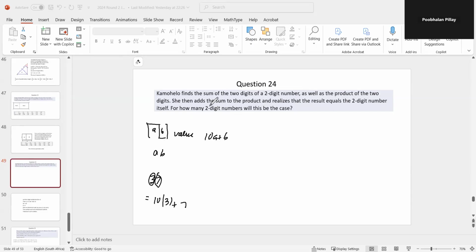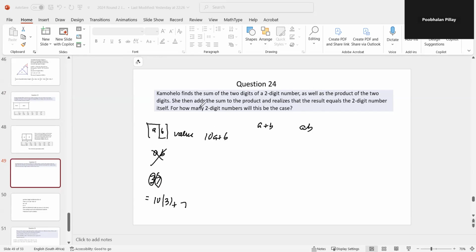Now, he finds the sum of the two digits of the number. So he calculates A plus B. That's the sum of the two digits. And also the product, which is AB. It's just as well I didn't write this like this, because you need to know what the product of these two is.